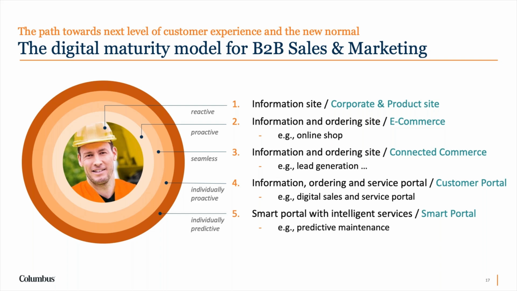Connected commerce means focus on lead generation and start blending in the information I get on the machine, on how to purchase a new machine, and how to sell service and after sale about that. So we can say that this is the next generation commerce, or the evolution of the plain spare parts web shop.